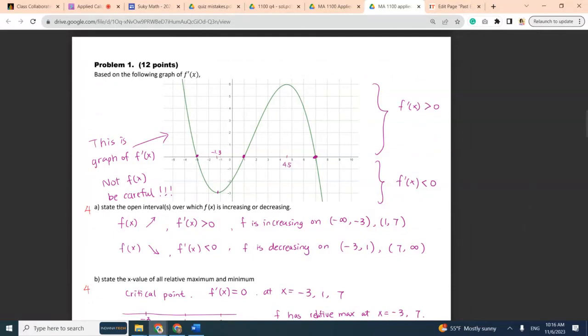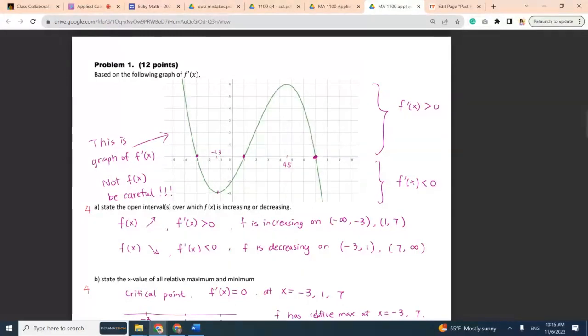And then you can look at this graph. Your function f prime is decreasing. It means your f double prime is negative. Then here f prime is increasing, so f double prime is positive.